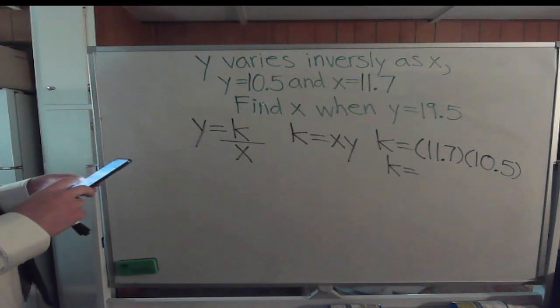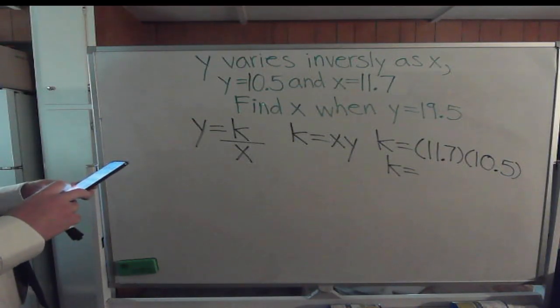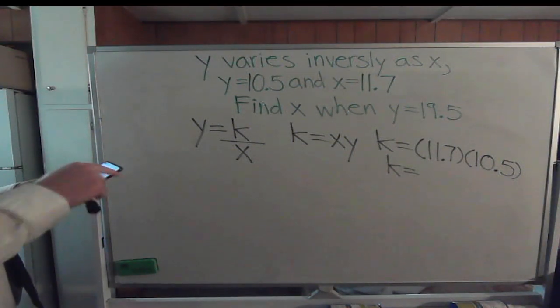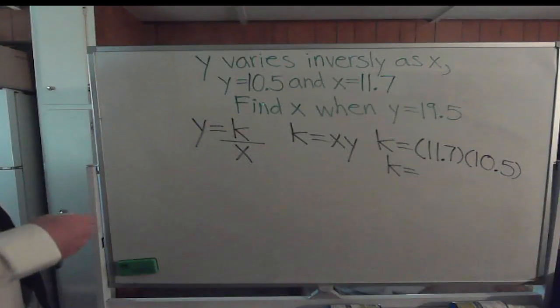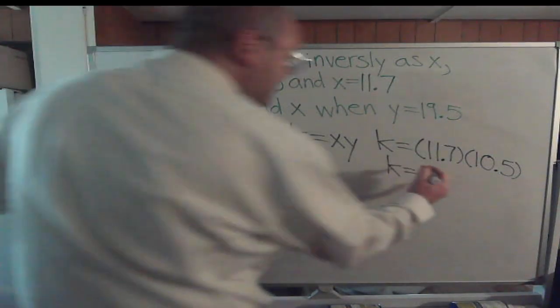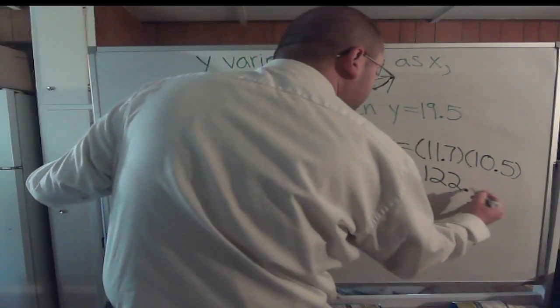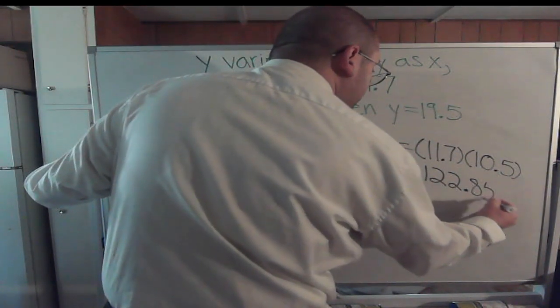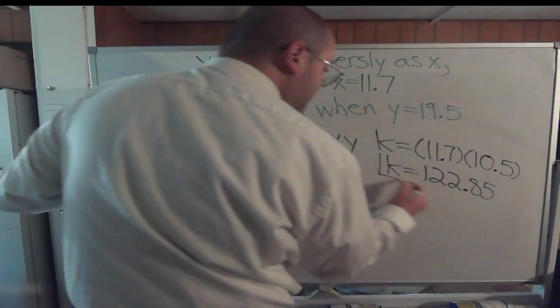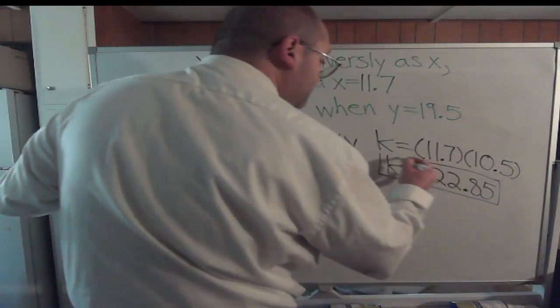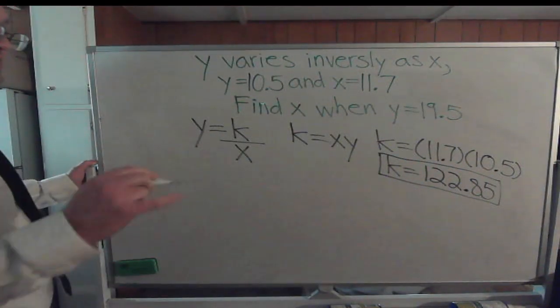So we have 11.7 times 10.5, which comes to 122.85. So your constant of variation in this case is going to be 122.85. So you found your constant of variation.